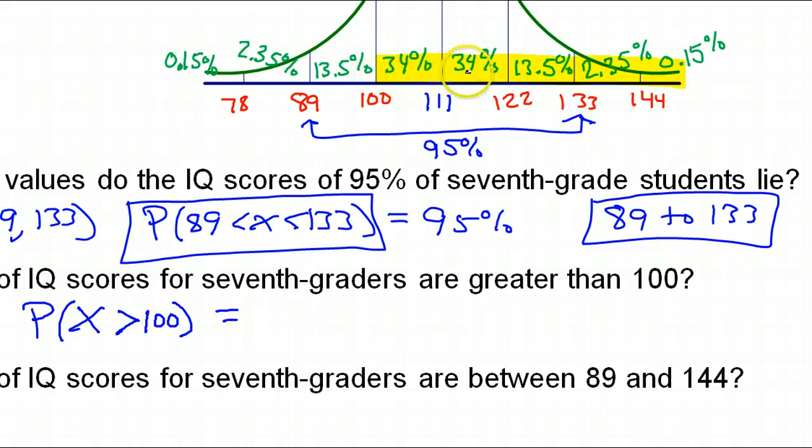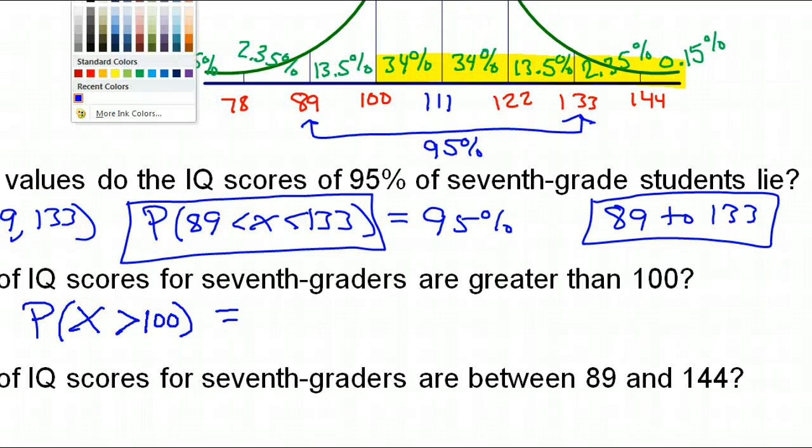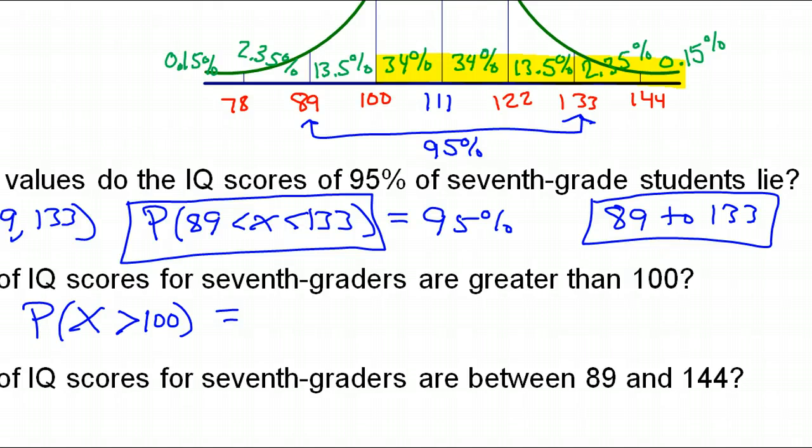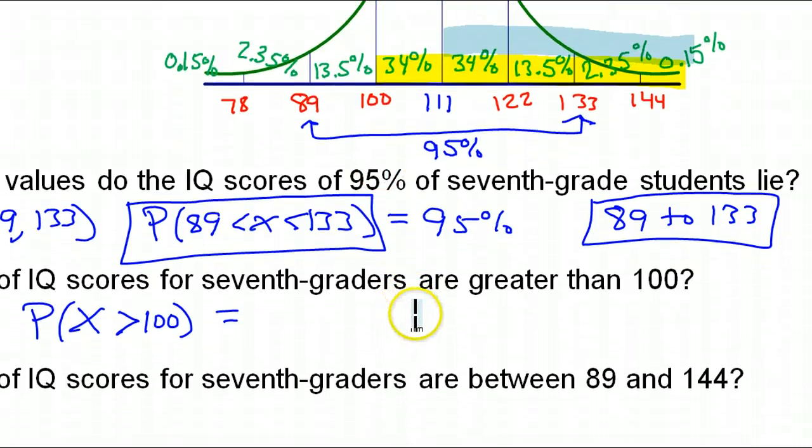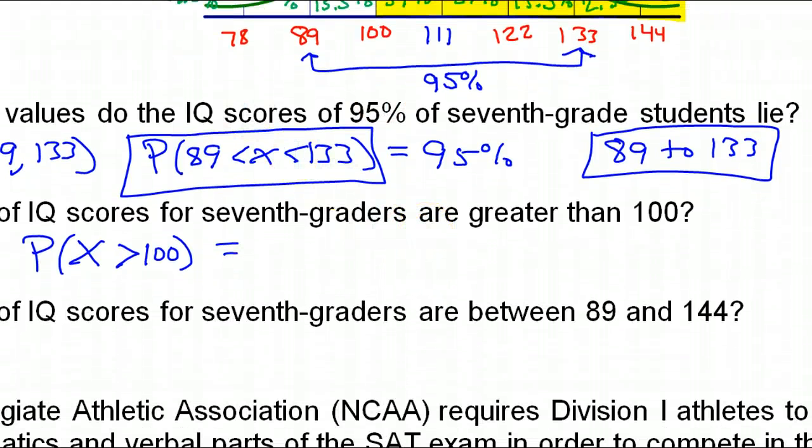You could just add up all these numbers, but if you start from the middle, you know that from here over, that's 50% automatically because it's half. So I really could just do 50% plus the extra 34. So that's 84%.